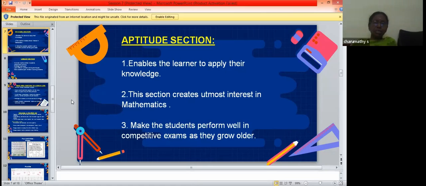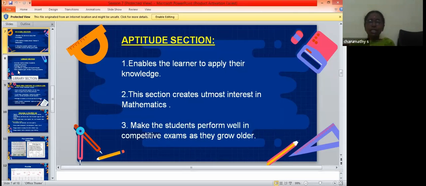So this section creates utmost interest in mathematics. This is one of the main tools which creates interest in mathematics. It makes the students perform well in competitive exams as they grow older. Because whatever I discussed now, all these skills are very, very important.